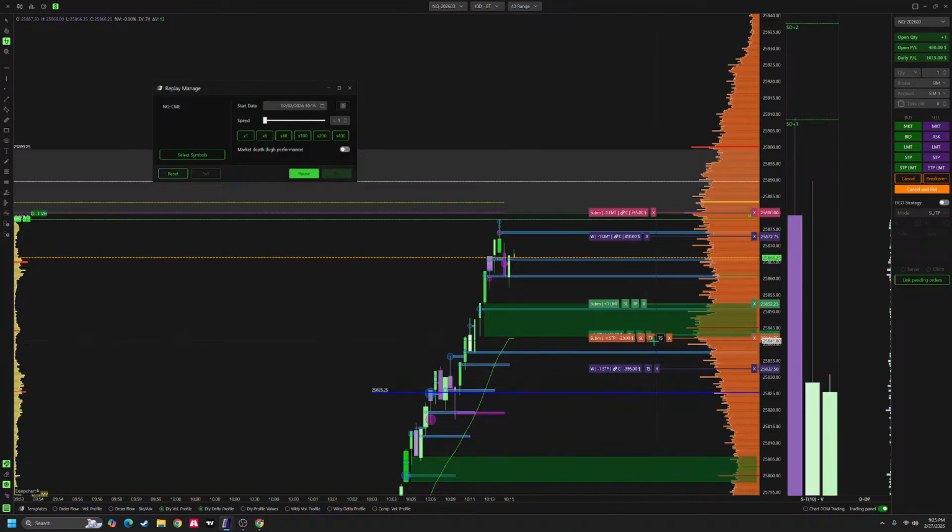Of course, we'll close it out if we don't get filled before it hits our first TP.